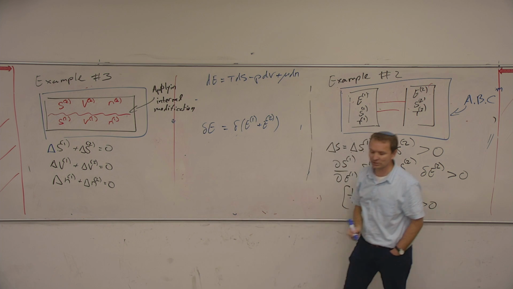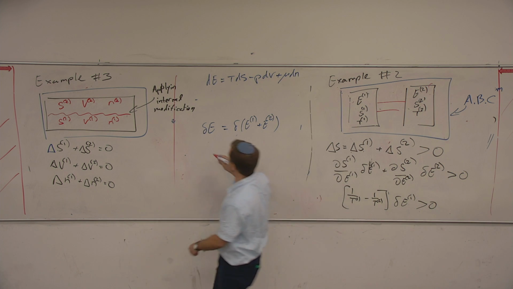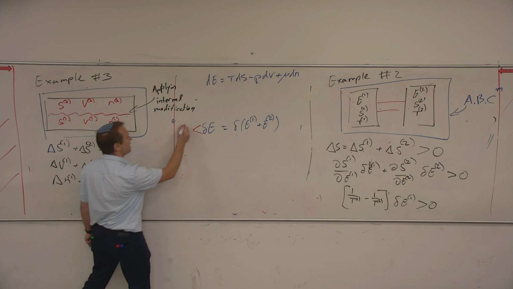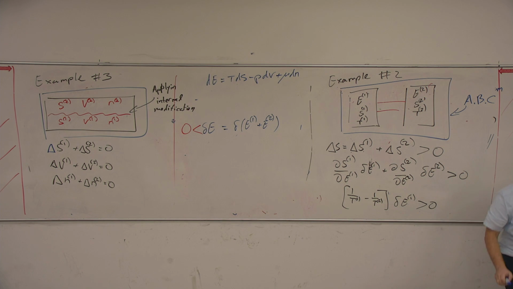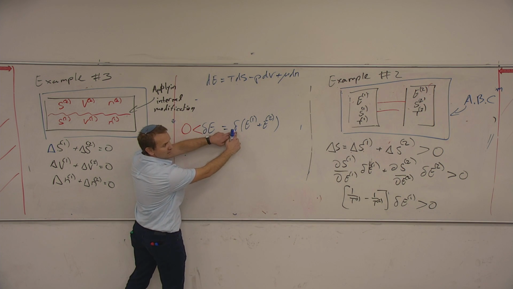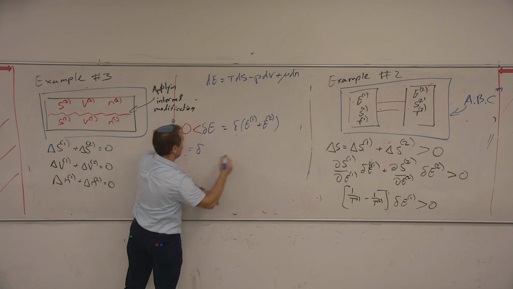The energy is extensive. No matter what I do, the minimal energy principle tells me that this has to be positive. This delta is a linear operator. It's simply the change in E1 plus the change in E2.